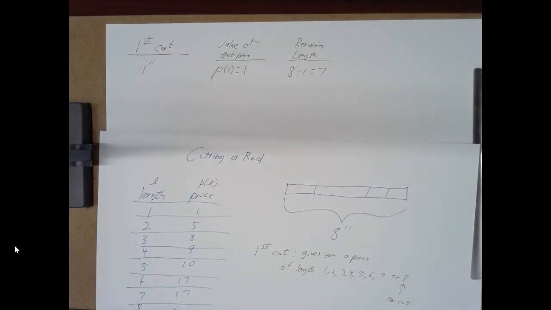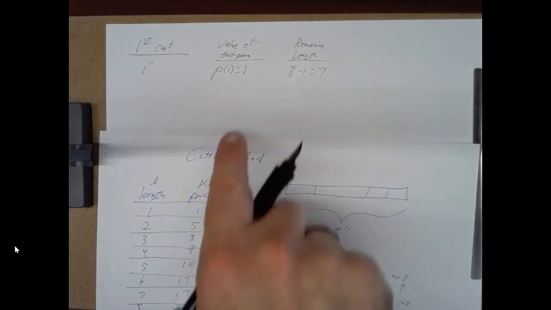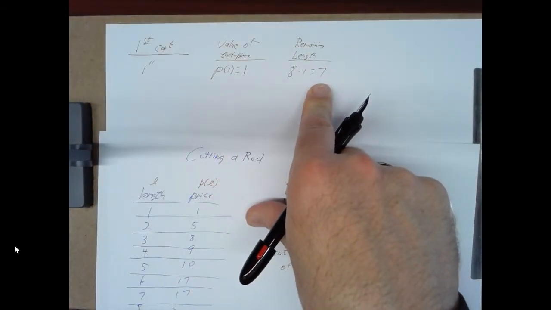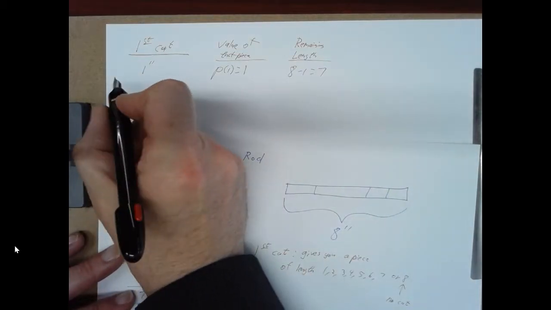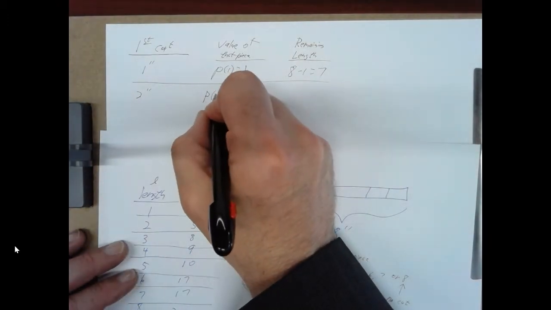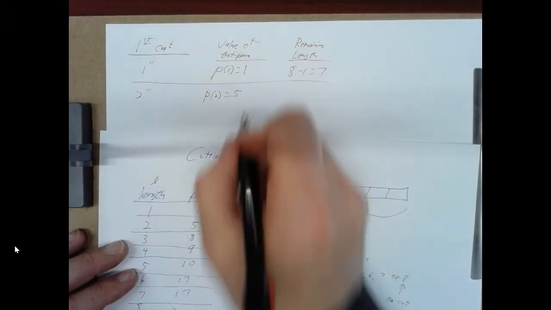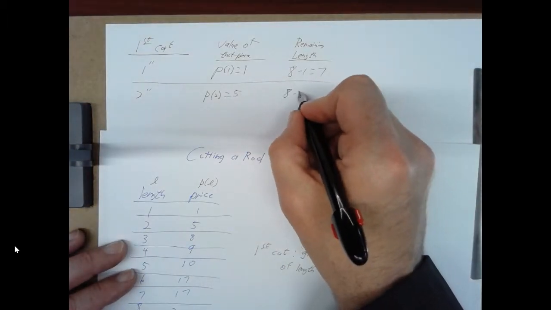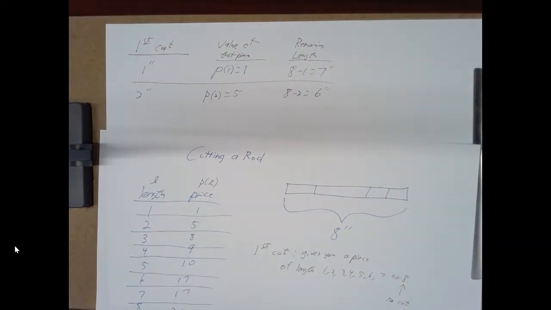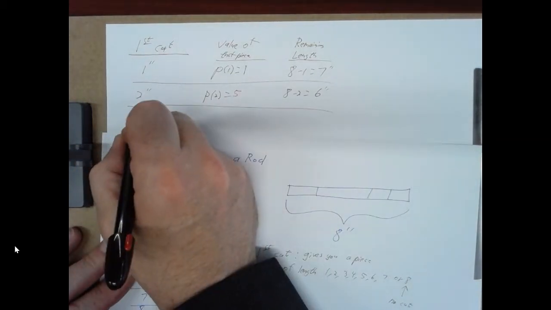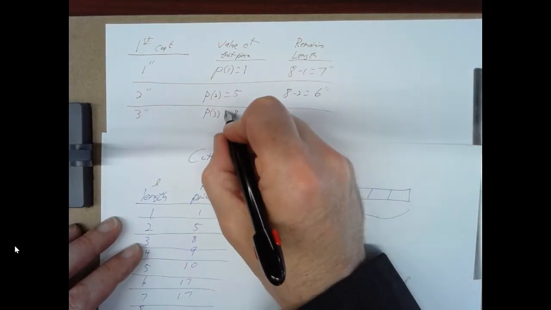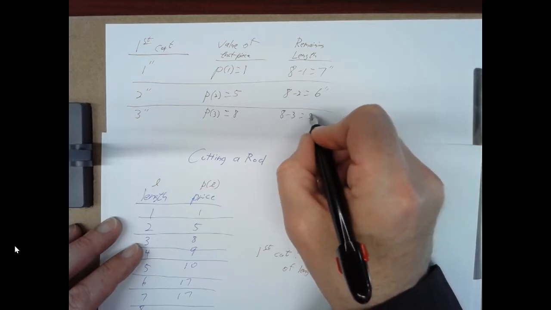So if we cut off a 1-inch piece as our first cut, we can sell that for $1, P of 1, and we have 7 inches of material left. On the other hand, if our first cut is 2 inches, the value of that piece is P of 2, which is 5, and we're left with 8 minus 2 equals 6 inches. If our first cut is 3 inches, that's worth P of 3, which is 8, and the remaining length is 8 minus 3 equals 5 inches.